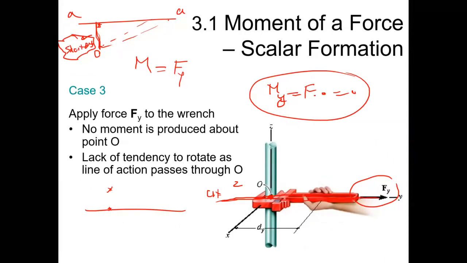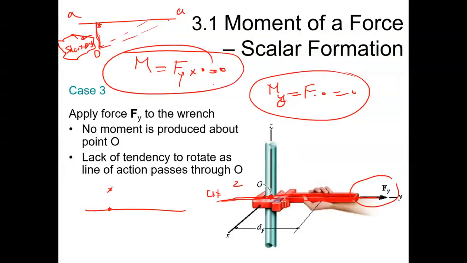Because my line passes through the point of rotation, the distance is 0. So that is multiplied by 0. That is 0. So no rotation taking place. So that's what you told me. You told me if someone is pulling this pipe, it won't rotate. So that's mathematical proof. Magnitude of the force multiplied by the shortest distance. Shortest distance here is 0. Okay, thank you, Porty.